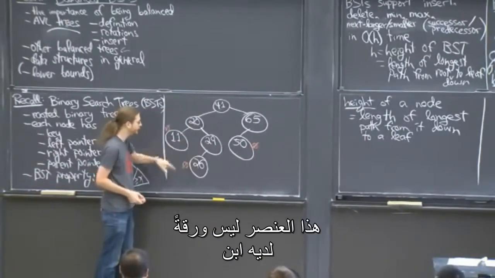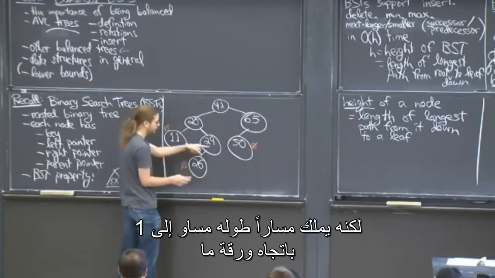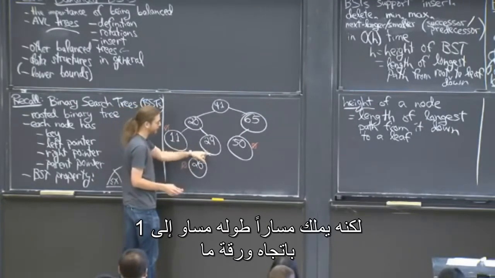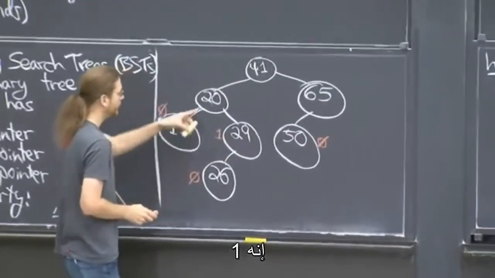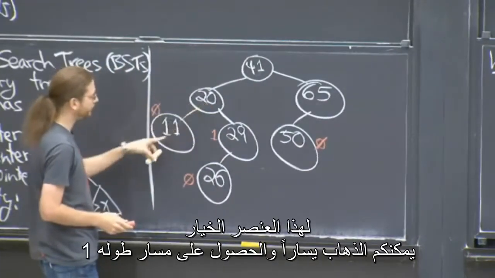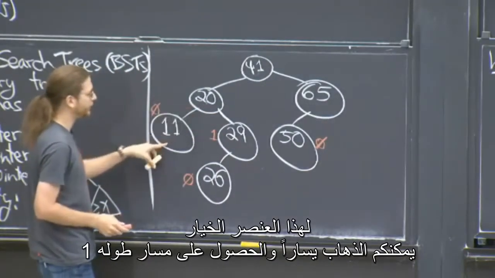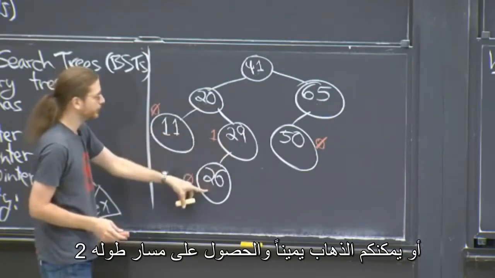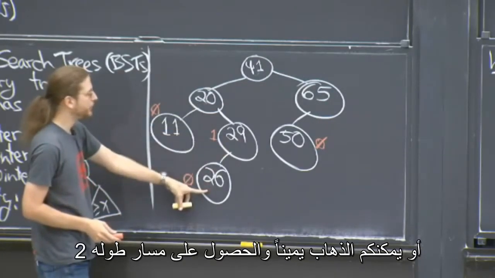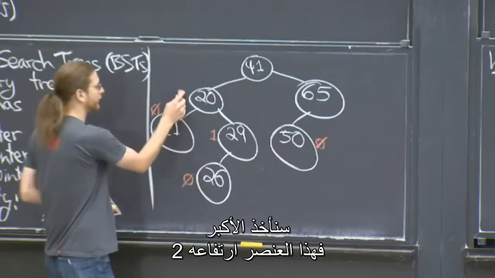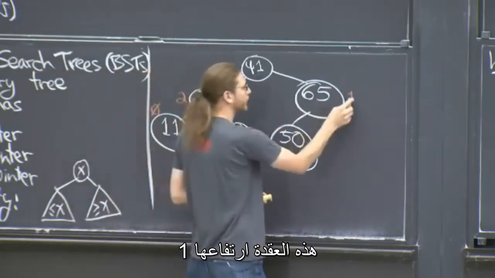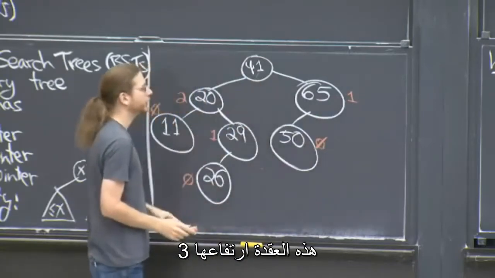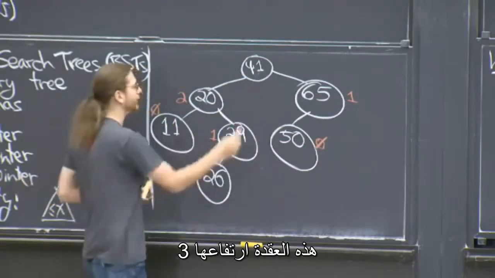It has a path of length 1 to a leaf. So 1. This guy has a choice. You could go left and get a path of length 1, or you could go right and get a path of length 2. We take the max. So this guy has height 2. This node has height 1. This node has height 3.